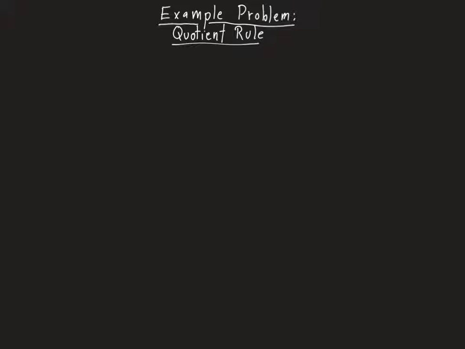Now, the quotient rule involves finding derivatives of cases where you have one function, let's call it f of x, which is being divided by a second function, which we'll call g of x. The quotient rule tells us that if you're taking the derivative of f of x divided by g of x, then you will have the following.